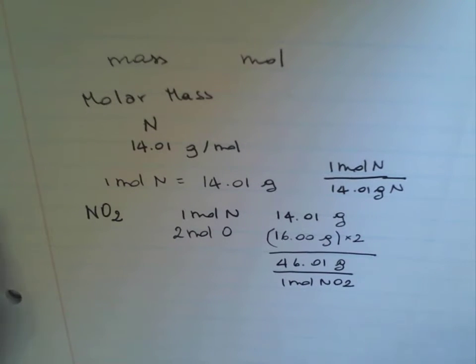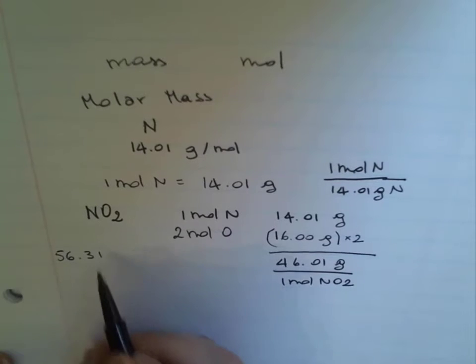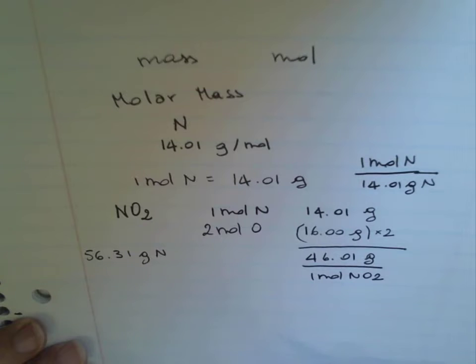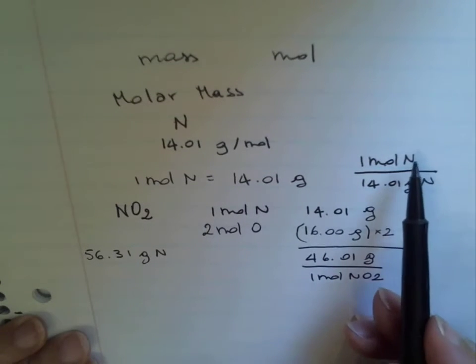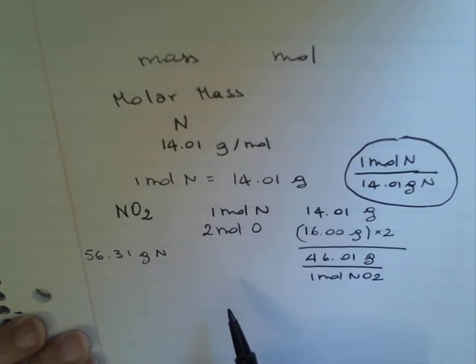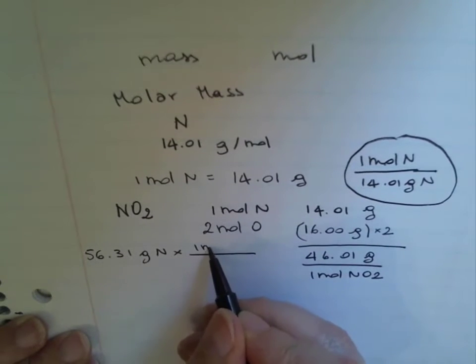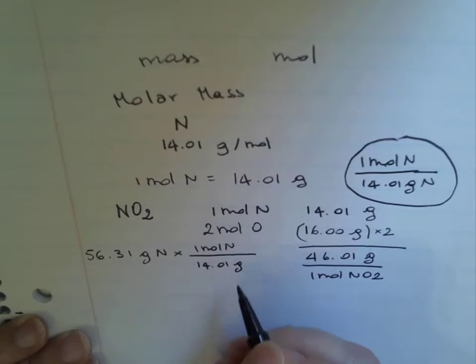Now, the molar mass can be used to calculate the number of moles from the mass. So say, for example, we have 56.31 grams of nitrogen. In order to convert these to moles, we're going to use the molar mass, and you can see we can use this as a conversion factor. So we can simply multiply this quantity by 1 mole of nitrogen divided by 14.01 grams of nitrogen.